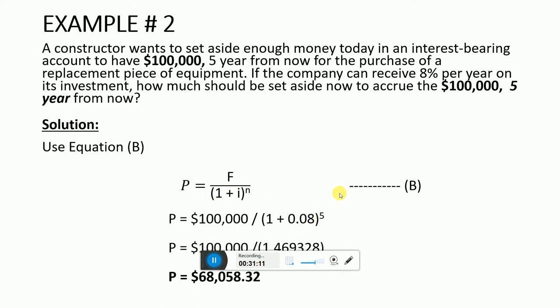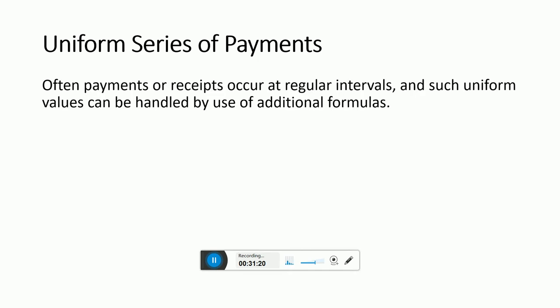So now let's discuss different formulas for the uniform series of the payment, because previously we have discussed and seen only the single payment. As often the payments or the receipts occur at a regular interval of time, and such uniform values can be handled by using different formulas.